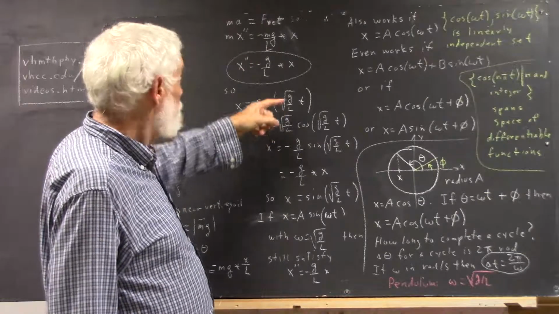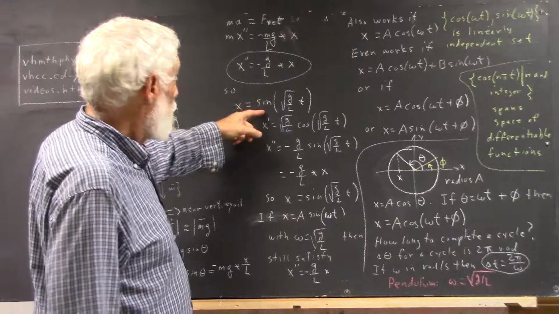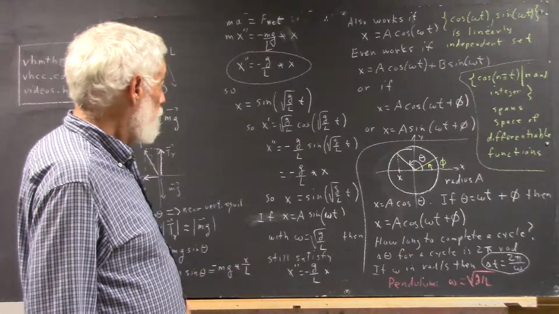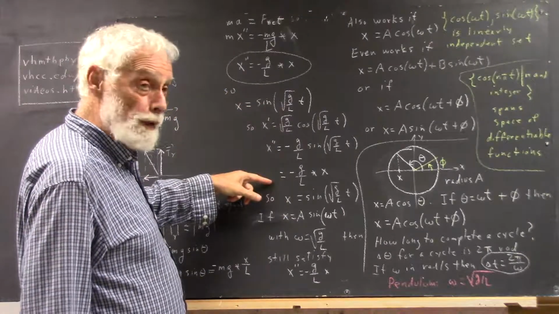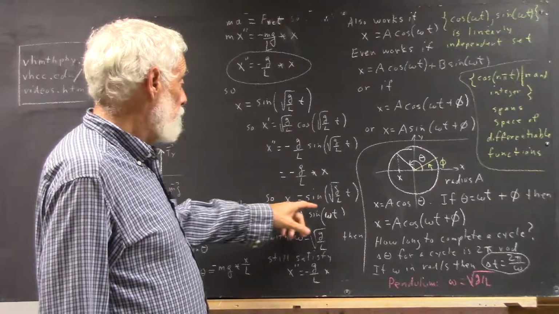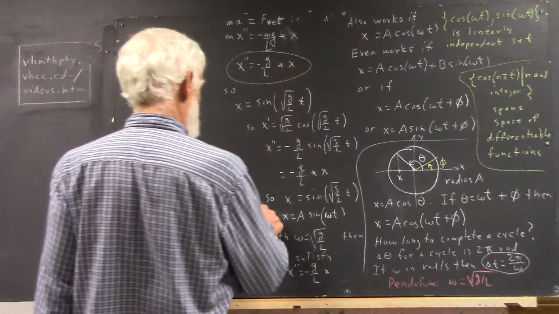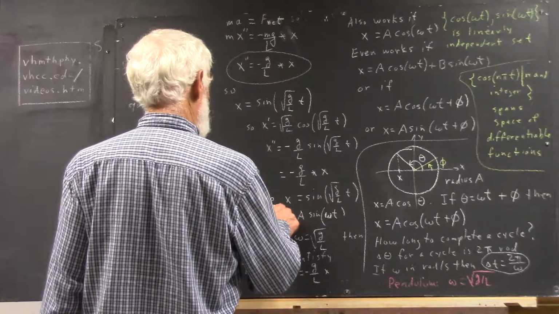You take two derivatives and you end up with equality, which verifies that this function satisfies the equation, and we actually do that here. It's very straightforward. I'm not going to read it to you. So x equals sine of the square root of g over L, and I really didn't finish my statement. There is a solution.